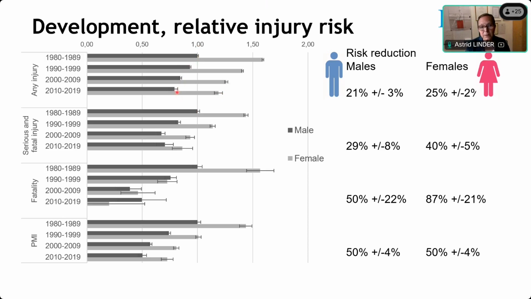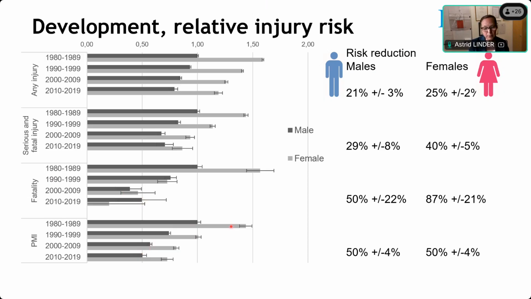However, the difference in risk remains when it comes to males and females. And here you see you have serious and fatal injuries, fatalities, where there are fortunately fewer cases now, so larger error bars. I want to highlight in particular permanent medical impairment.